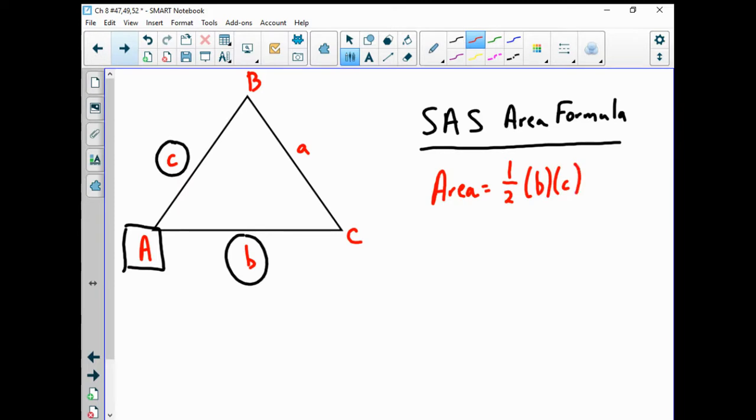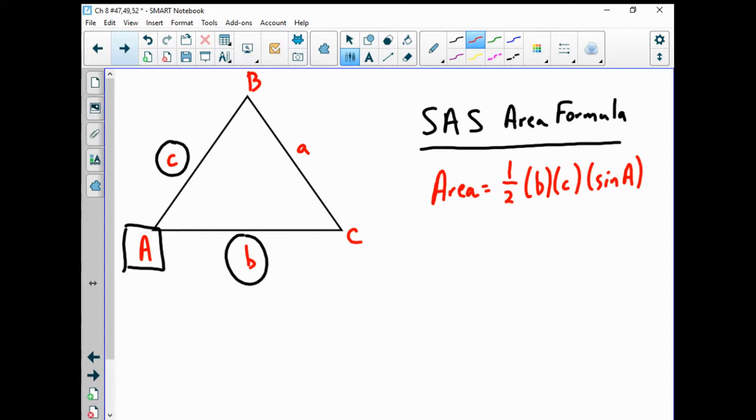So in our picture, it was B and C, times the sine of the angle that's in between those two. And so if I talk about the side angle side area method, this will always work if we're given two sides and the angle in between. It doesn't matter what kind of triangle we have, we can always use the two sides and the angle in between if we're given that information. And then we can use those by taking half of the two sides multiplied together times the sine of that angle.